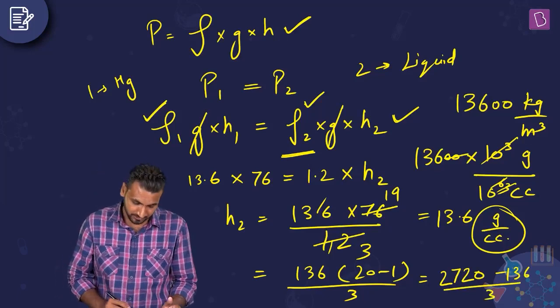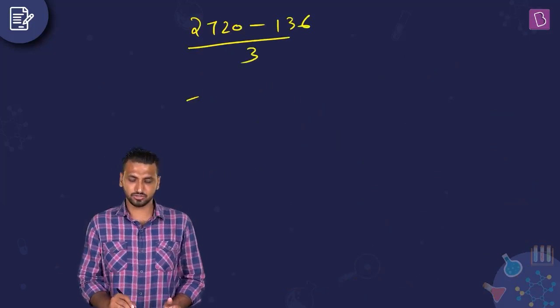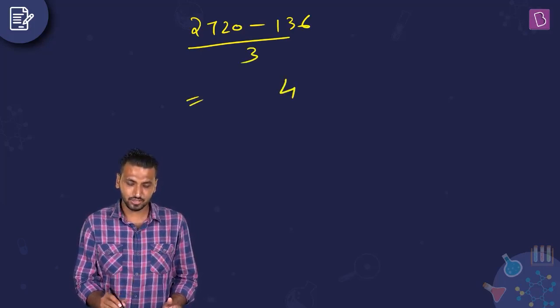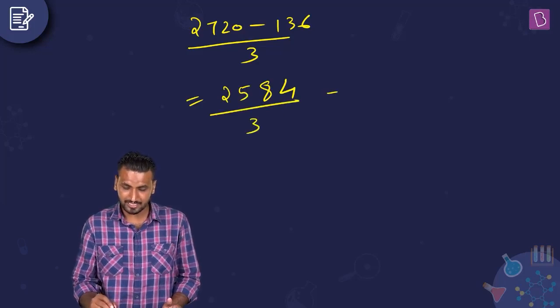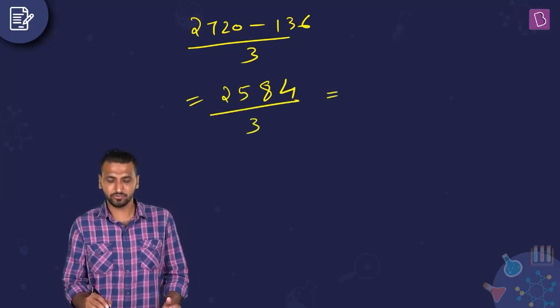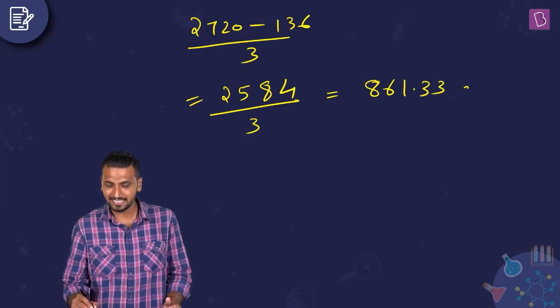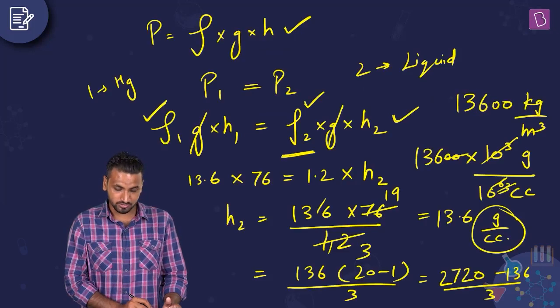If I just subtract this, 2720 minus 136 is 2584, divided by 3. 8 threes are 24, and 18, 6 fours, and so on. So it is 861.33 centimeter, approximately 861.3 centimeter. Let's look at the options.